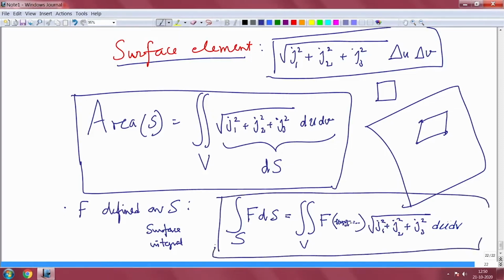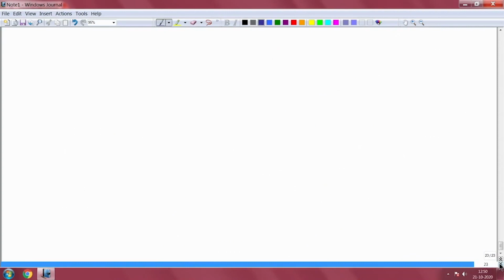So, you are not integrating surfaces directly with respect to the Lebesgue measure. You have to understand that properly.